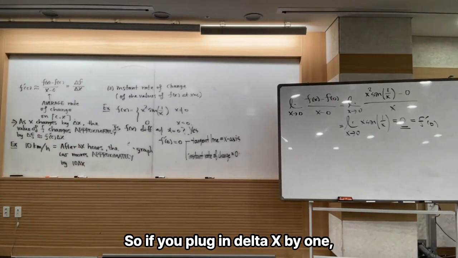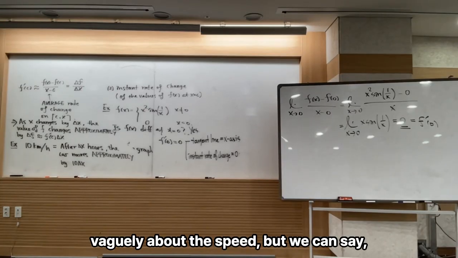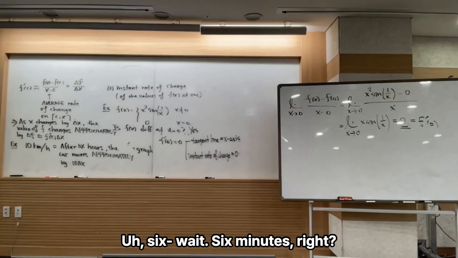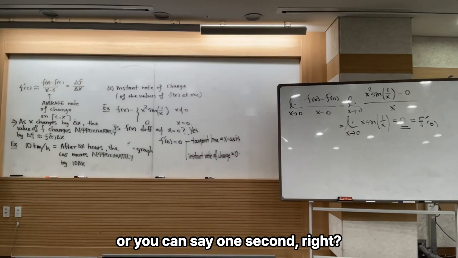So if you plug in delta x by 1, then you're talking very vaguely about the speed. But you can say, okay, 0.1 hour, 6 minutes, right? Or 1/60th, 1 minute. Or you can say 1 second, right?